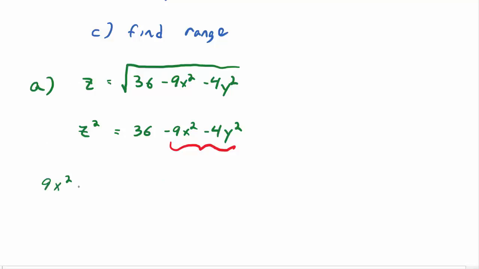That'd give me 9x squared plus 4y squared plus z squared equals 36. Okay. So one more step to put this in a standard form of one of those quadric surfaces. What could I do? Get 1 on the right side, so divide by 36.